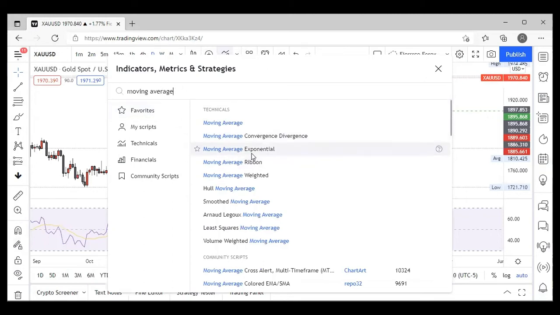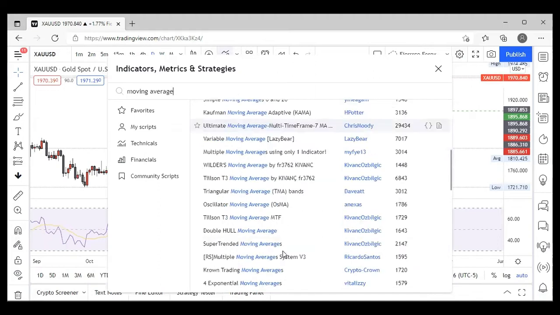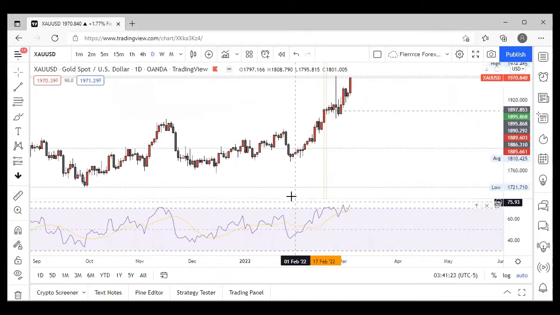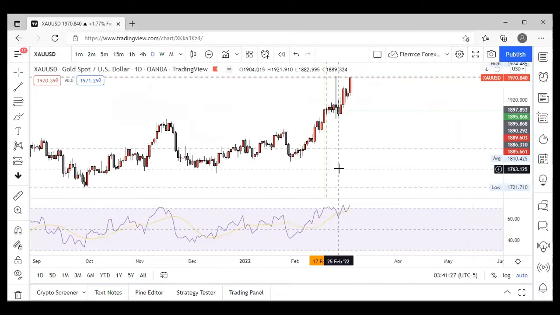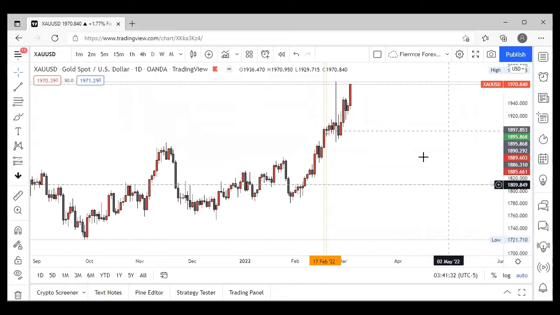Moving average, exponential moving average, smoothed moving average, volume weighted moving average, there are thousands and thousands of indicators. Now, personally, like I said, guys, I don't use indicators. So for this series, I'm not going to specify on indicators, but I wanted you guys to see, because you're beginners, you may want to explore. Okay, so let me just remove that.